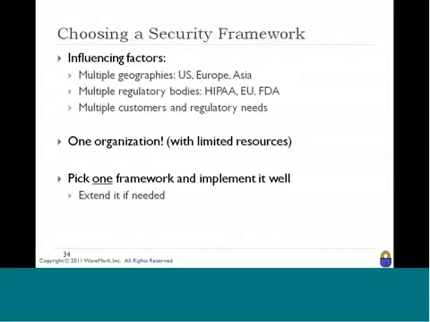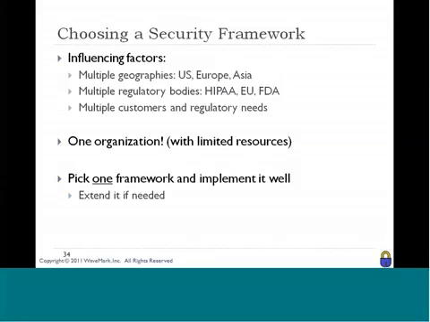Next, the organization should choose a security framework. There are many influences as to which security framework should be chosen. There are geographical influences such as countries and their rules and regulations between the US, Europe, Asia, and so on.